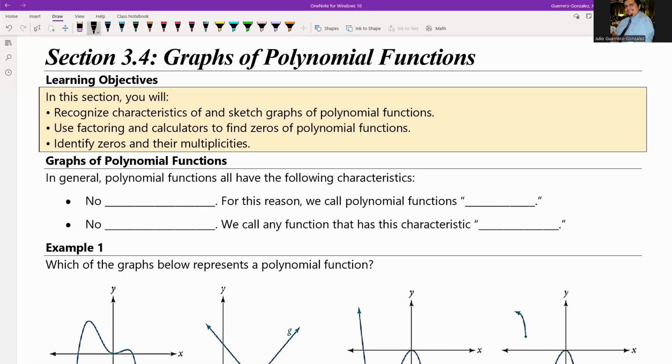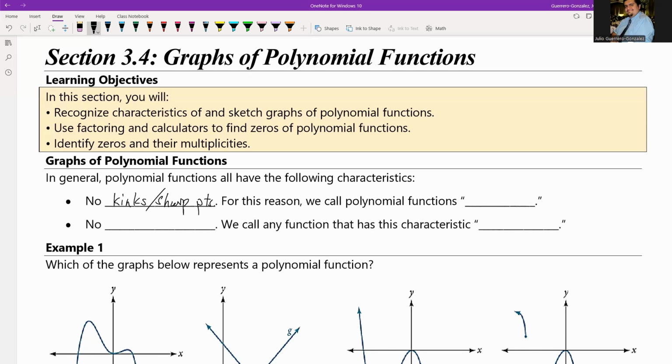The first thing that makes polynomial functions so nice is that they tend not to have kinks or sharp points or sharp edges anywhere.